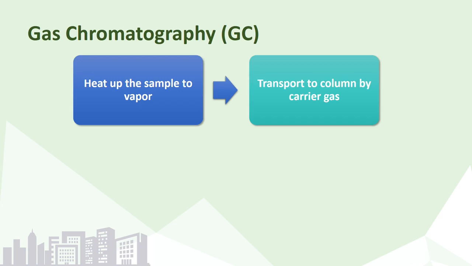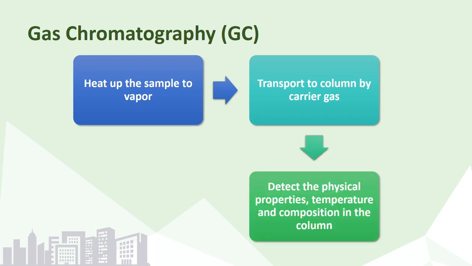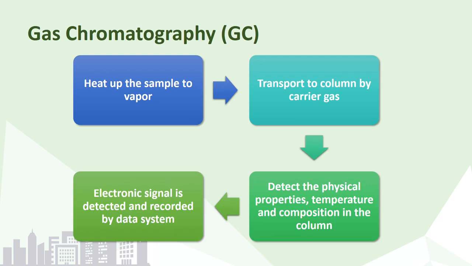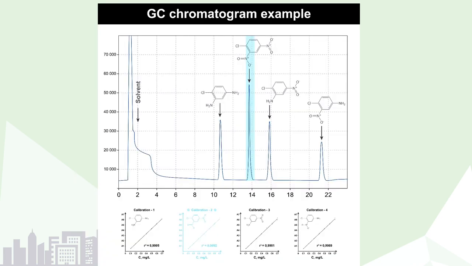Inside the column, the physical properties, temperature, and composition of the sample are detected and transferred into electronic signals that are recorded by a data system. This is an example of result obtained by GC. Each peak represents one kind of VOCs detected. The VOC concentration can be measured by mass spectrometry.